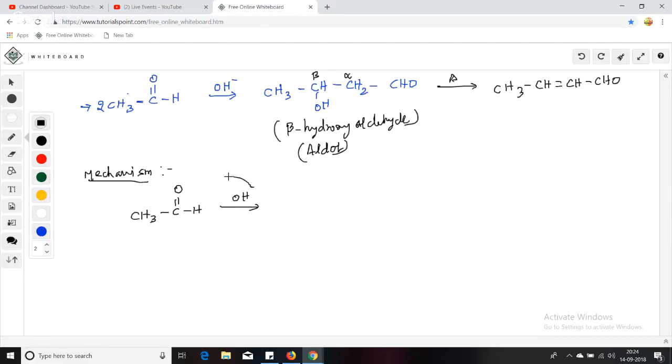So this OH minus takes this H and it forms CH3 C double bond O, and H2O comes out. And this carbon will have negative charge on it.